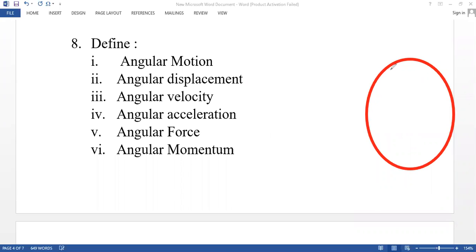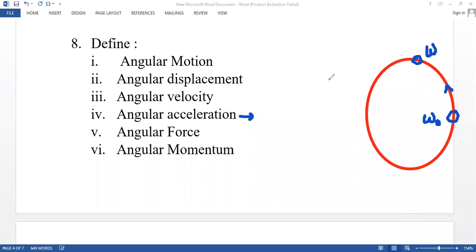Think that a body is moving from here to here. It is moving, and that means acceleration. Initial angular velocity is omega naught, and after time t seconds the angular velocity becomes omega.